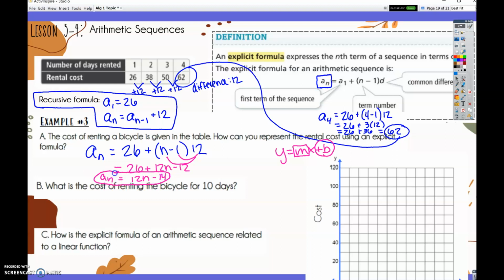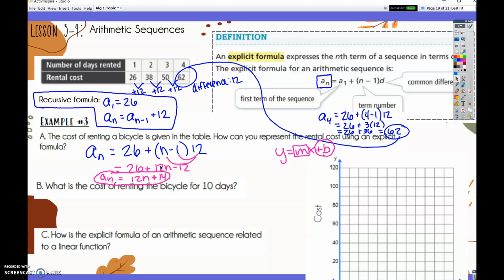Oh, this would be a positive 14, sorry. 26 take away 12. This means if I didn't rent the bike at all, it would cost $14, which is a little weird because we don't usually pick up a bike for $14. But it is possible to make it look like a slope-intercept form when you're creating an explicit formula.